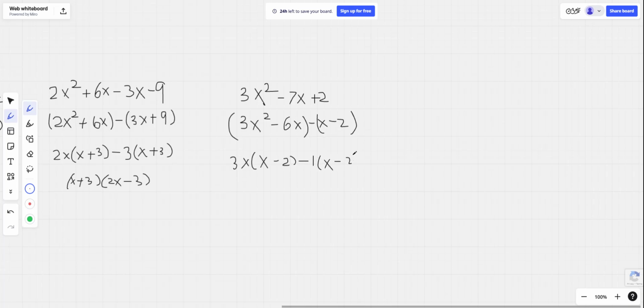And pulling out a 1 doesn't change the factor, but it's very important to remember that 1. Otherwise, you'll end up getting the wrong answer and missing an entire factor. So now x minus 2 is our common factor. And how many copies of x minus 2 do we have? We have 3x copies from the left, and we have negative 1 copies from the right. And there we go. That is our factorization.